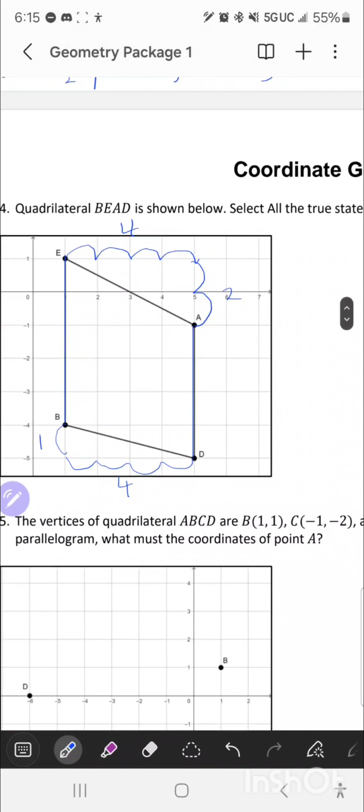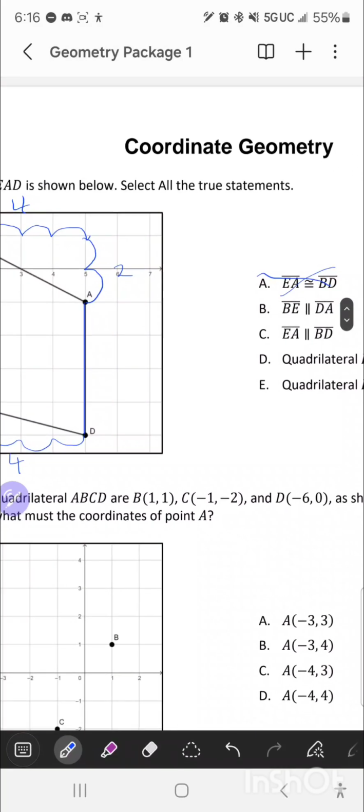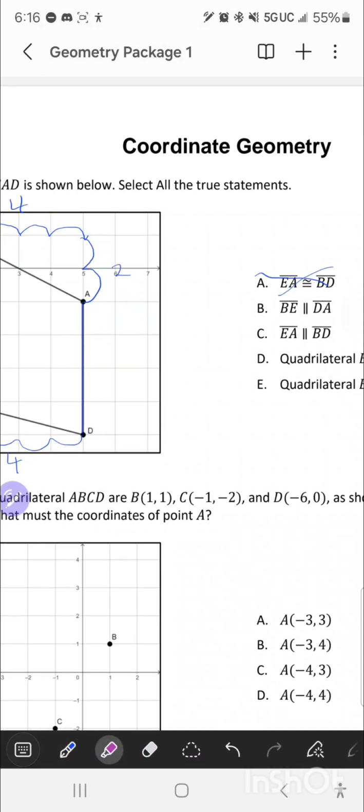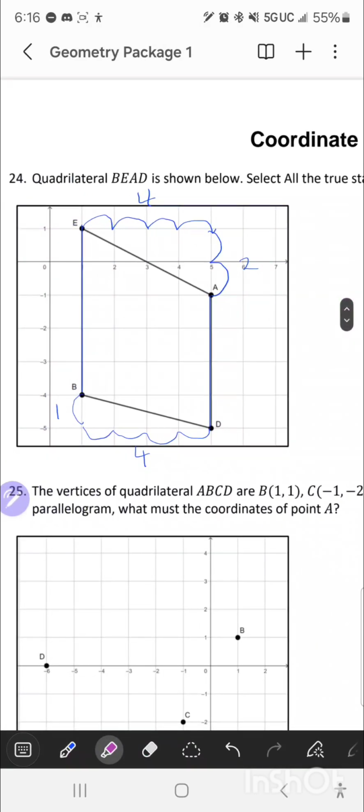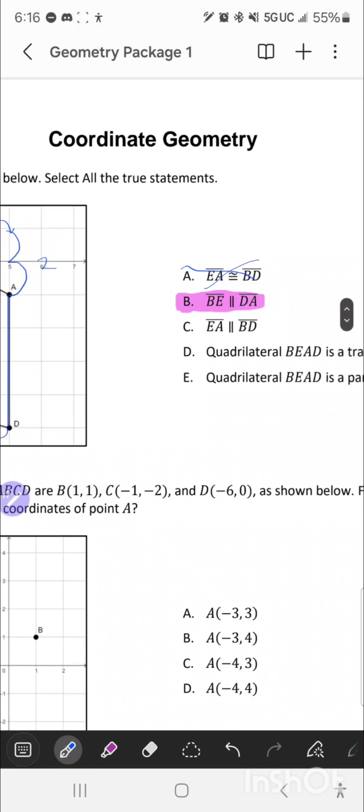That will be the graph of x equals 1 for ED, a straight line passing through 1, and the graph of x equals 5 for the A, which will be a straight line passing through A with no slope. It is only rise, there is no run. So yes, they are parallel. They are perpendicular to the x-axis and they both have no slope. Now, is EA parallel to BD?